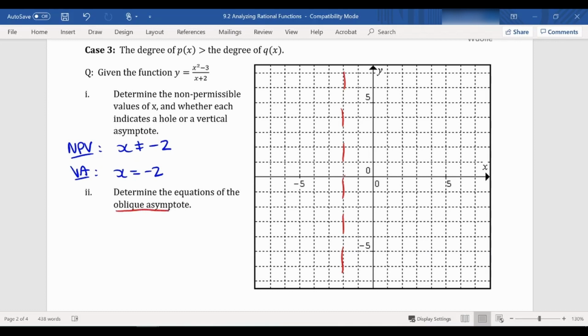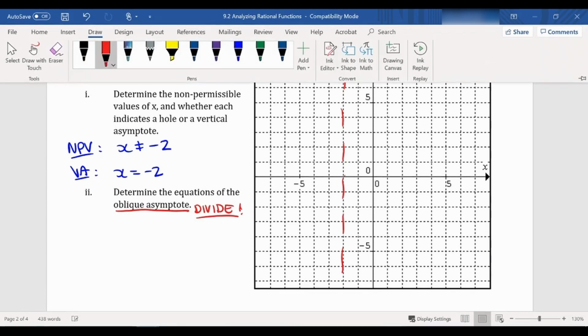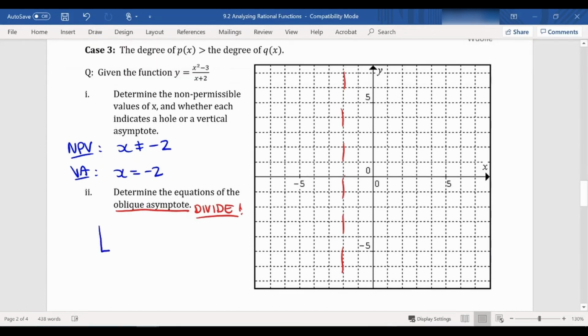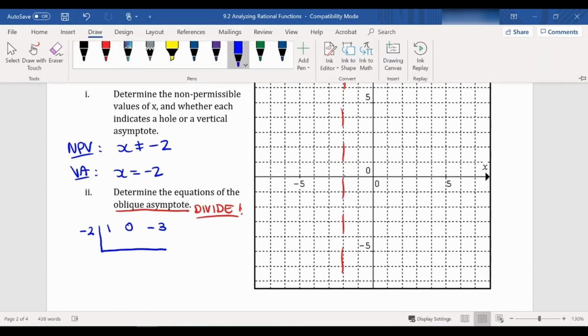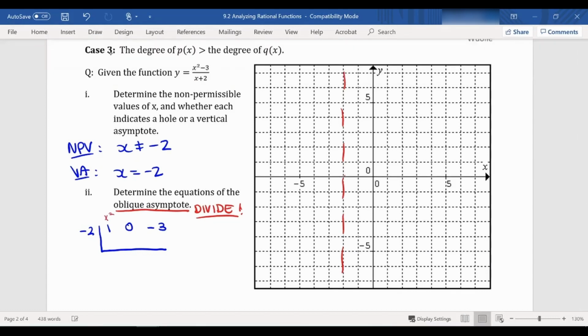So as soon as you have an oblique asymptote, you need to divide the fraction. You need to actually divide this thing. So if you're using synthetic division, you would have a 1, a 0, and a -3. And your 0 from your fraction is -2. So this is from your x squared.